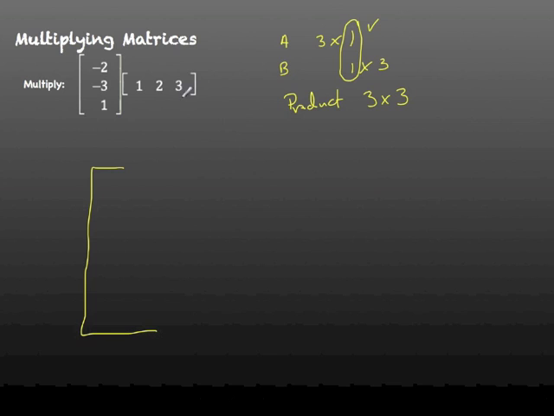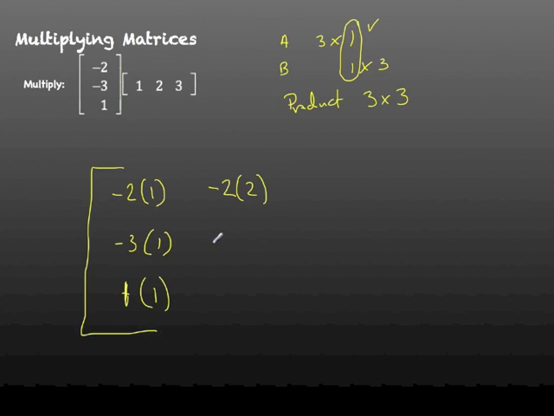So here we go. First row times the first column is -2 times 1. Underneath that, second row times the first column is -3 times 1. Third row times first column is 1 times 1. First row times second column, -2 times 2.